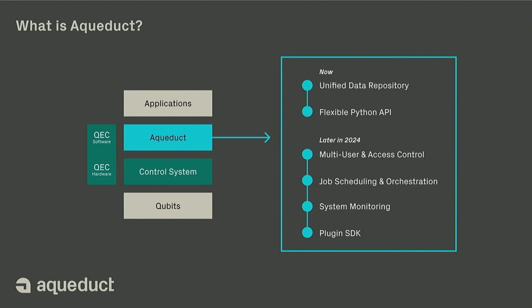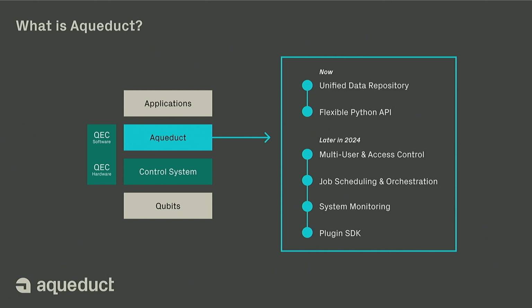One of the things we're very interested in at Riverlane, our main focus, is quantum error correction. So for instance, we currently have a plugin to Aqueduct that does quantum error correction as a post-processing task. And Aqueduct will allow you to plug in your things at different levels of the stack.